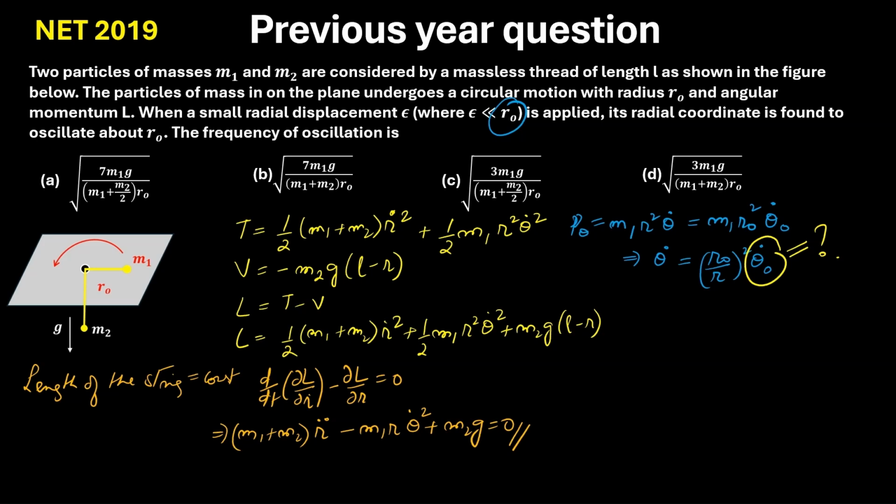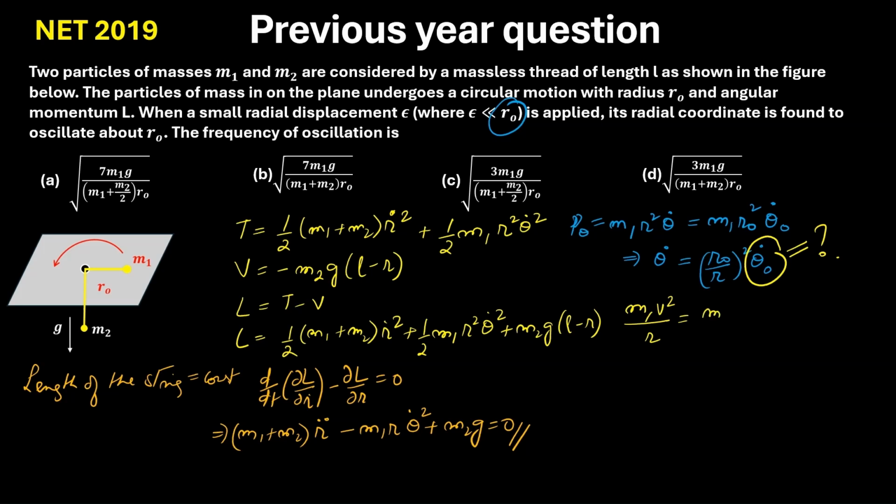The centripetal force of m1 will be m1 v squared by r, and I can write v in terms of omega, that is theta dot.